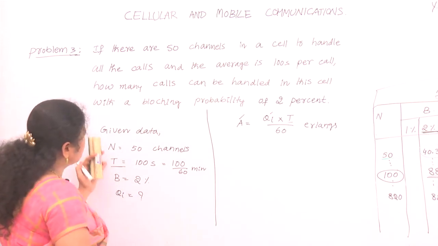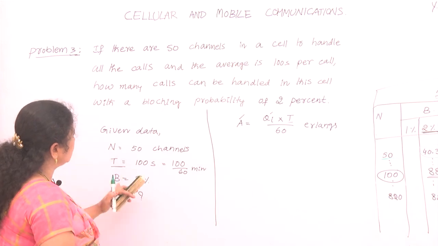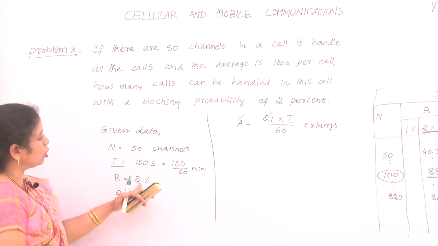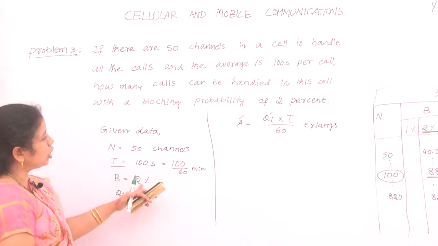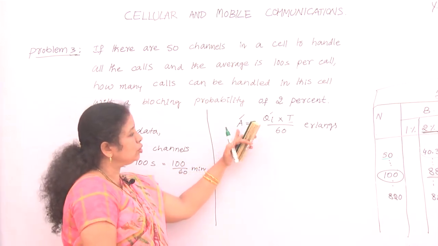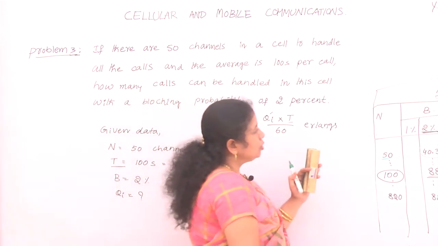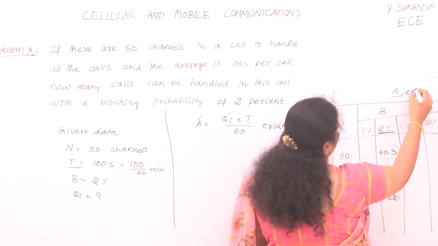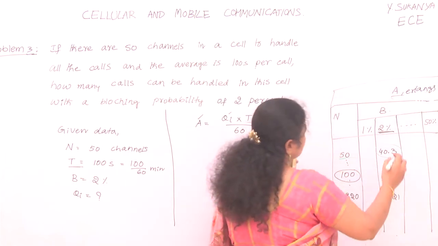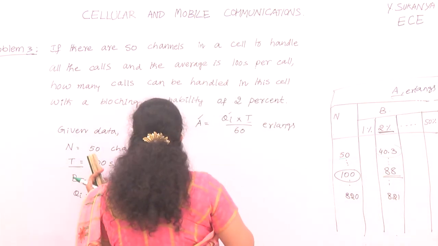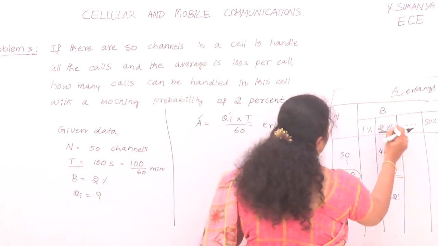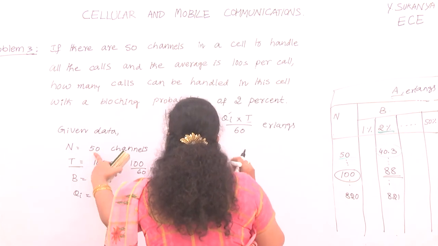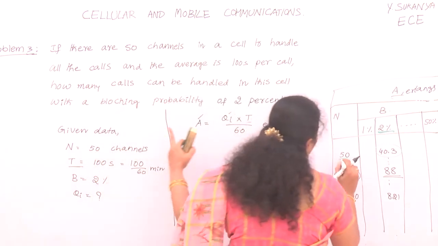So for the given data of T 100 seconds, N 50 channels, with blocking probability of 2%, it is possible to calculate the offered load. By using the table, the offered load can be taken from the table, for a given blocking probability of 2% with N value 50.